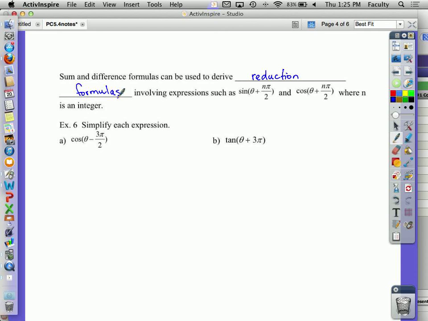It says we want to simplify letter A, cosine the quantity theta minus 3 pi over 2. So according to the formula, that's cosine theta times cosine 3 pi over 2. Cosine's the opposite sign, so it's a plus. And I do sine theta times sine 3 pi over 2.